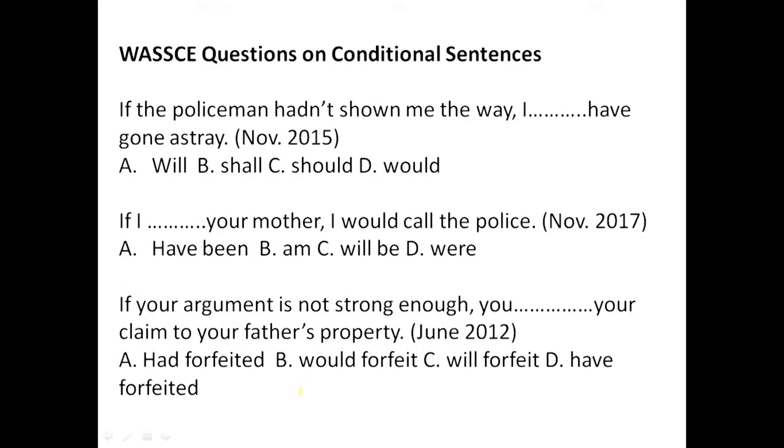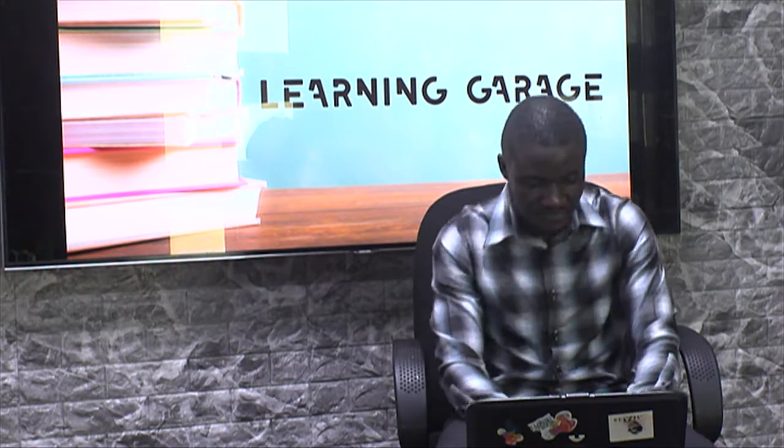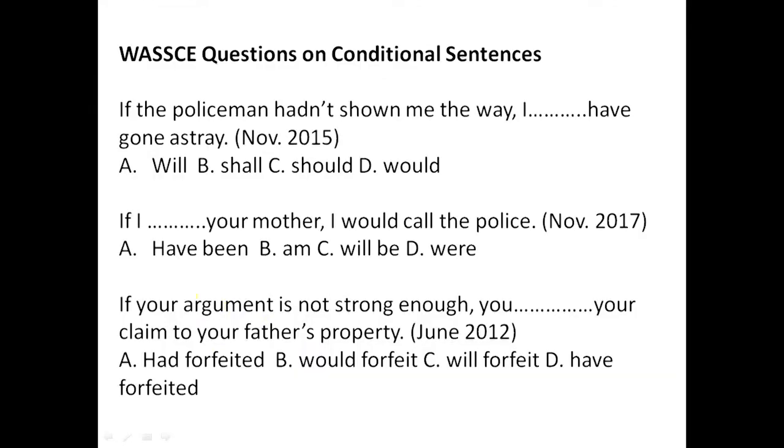Beginning with November 2015. If the policeman hadn't shown me the way, you see, of course, we have hadn't shown me the way, so very explicit. So now we are dealing with condition 3, saying hadn't shown.